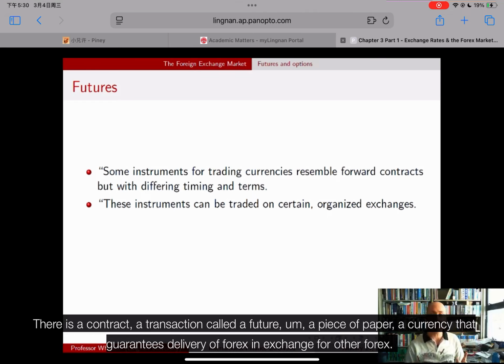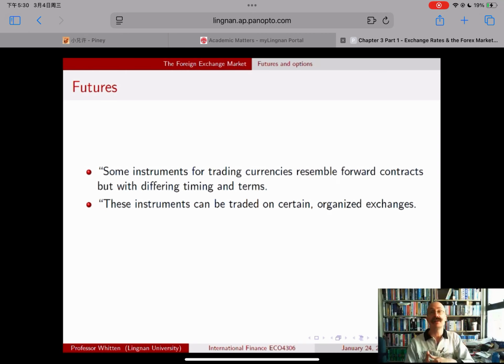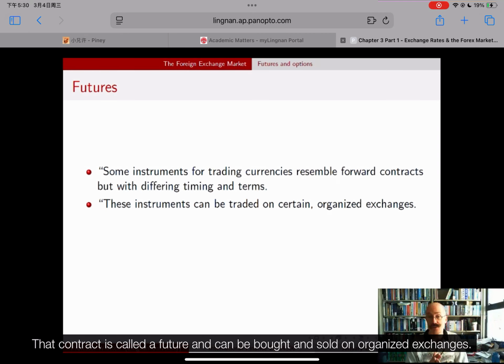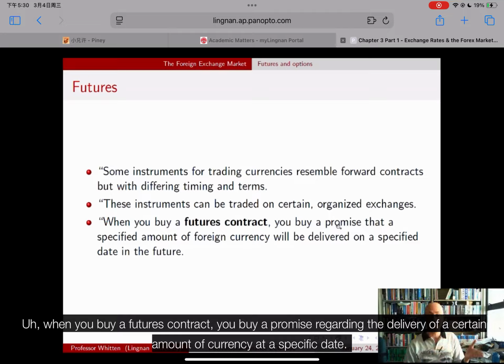A piece of paper, a currency that guarantees delivery of Forex in exchange for other Forex. That contract is called a future and can be bought and sold on organized exchanges. When you buy a futures contract, you buy a promise regarding the delivery of a certain amount of currency at a specific date.